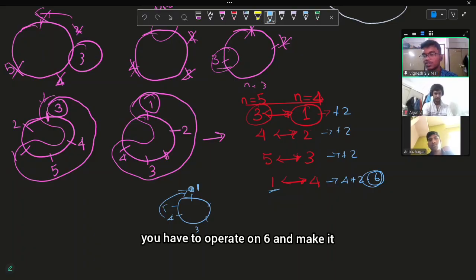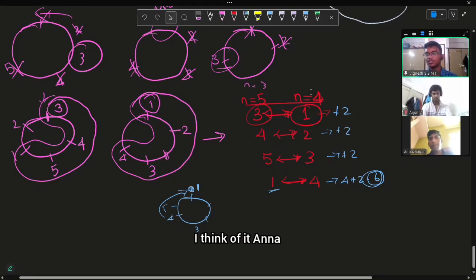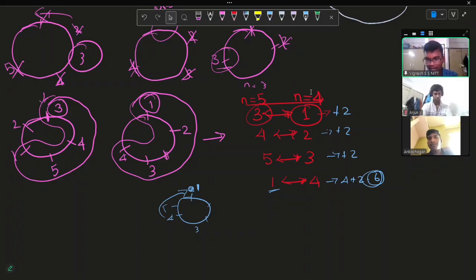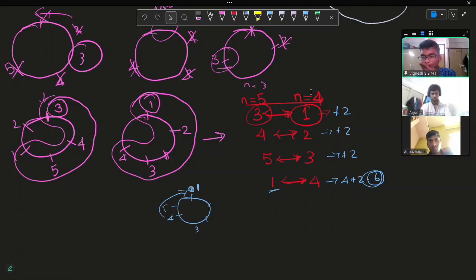You have to operate on 6 and make it 1. Can you think of any mathematical operation to make 6 as 1, or 7 as 2, 8 as 3, like that?